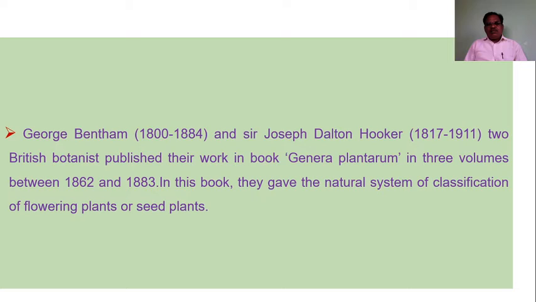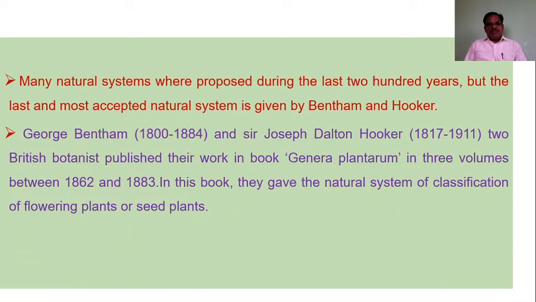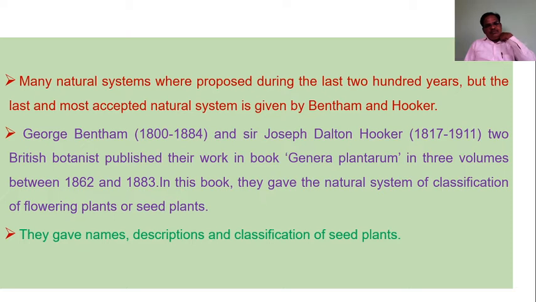In this book they gave the natural system of classification of the flowering plants, the spermatophyta, the seed-bearing plants or seed plants. They gave the name, description and classification of the seed plants.